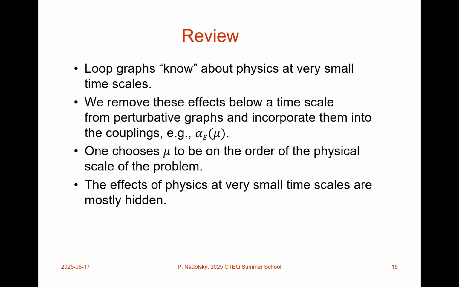The typical scale mu must usually be chosen to be of the order of the physical scale of the problem, but the coefficient is arguable, and you will see different prescriptions for doing that. And of course it's very difficult to find evidence of new physics at the LHC if the typical masses of this new physics are much larger than the collider energy. Any questions about this?